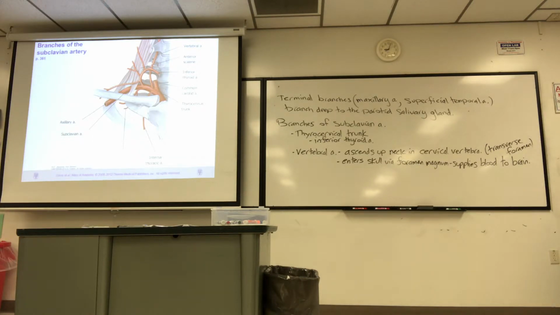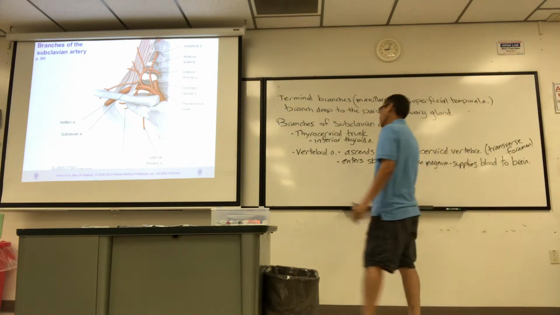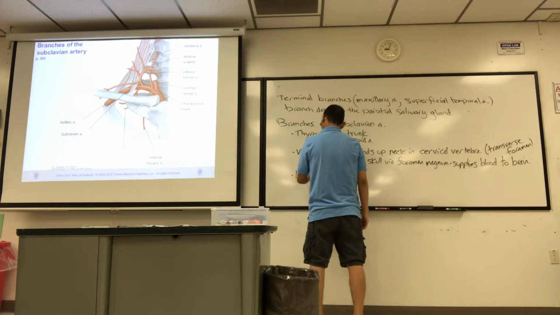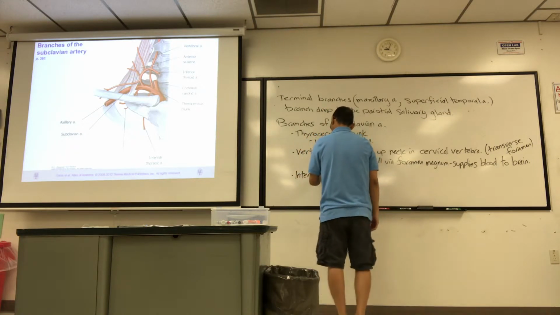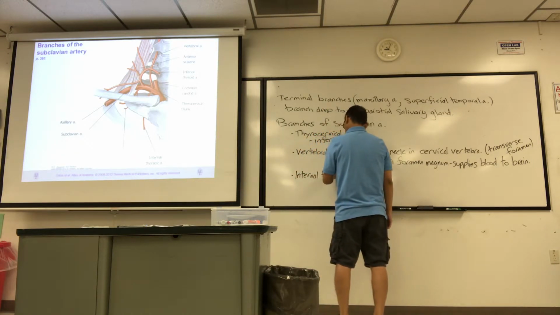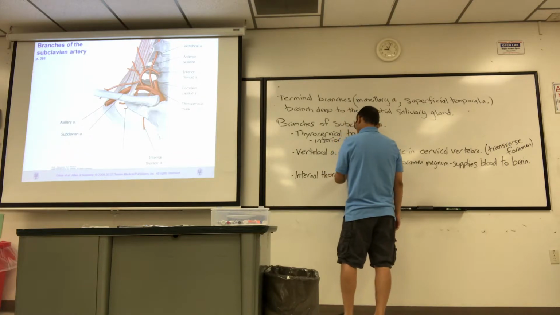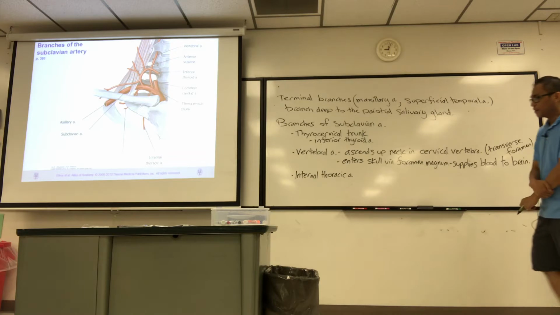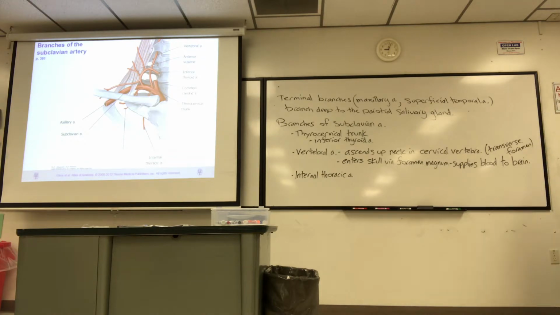Third branch, internal thoracic. Thoracic, chest plate. Are you going to find it inside or outside the chest plate? Obviously, inside.